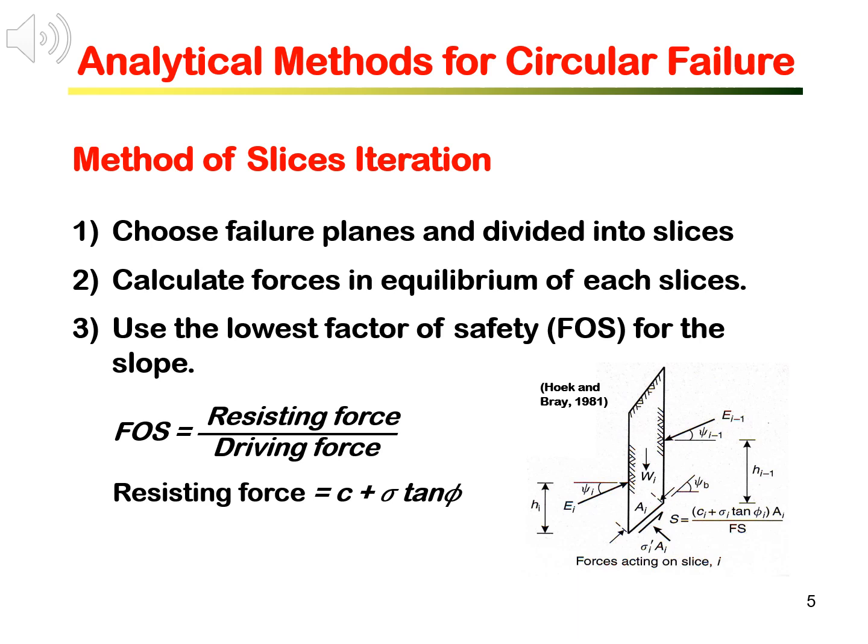For each slice, we can then compute the factor of safety as the ratio of resisting force to driving force. After doing the calculation for all the slices, we use the lowest factor of safety of the slope. If the factor of safety is less than 1, the slope is no longer stable and will fail. In slope engineering, we usually require a factor of safety of about 2 to 3.